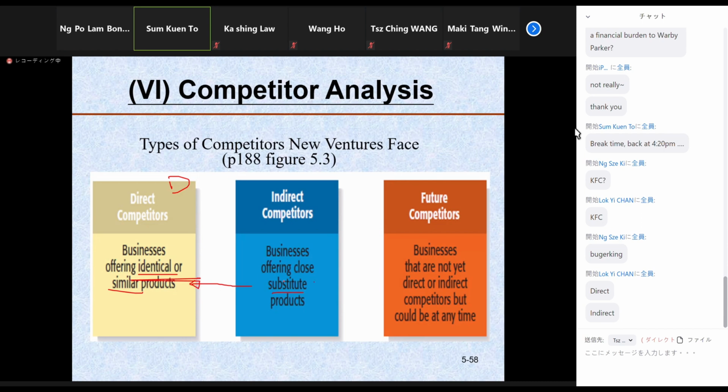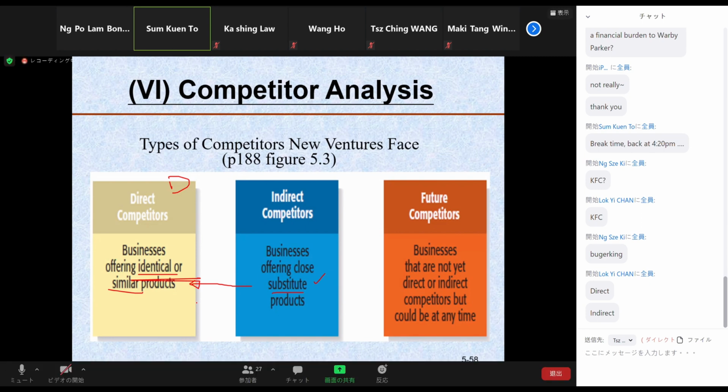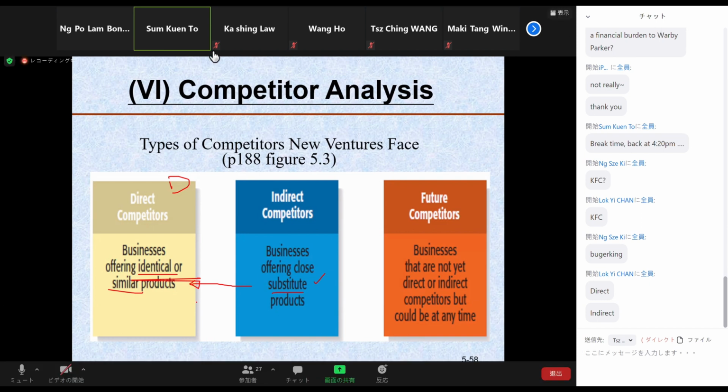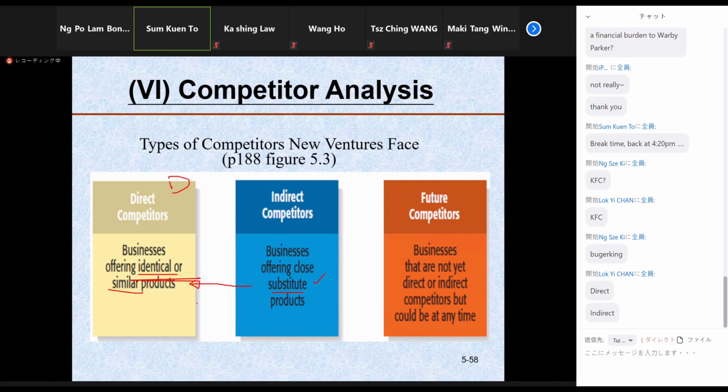You don't eat burger, you can eat 米線, 淡仔, and also some snack food. Even Subway, they are selling sandwiches, 唔係 burger， 不過都同一類型啦，賣三文治啦, so they are substitute replacement. And then for the future competitor, DIF.